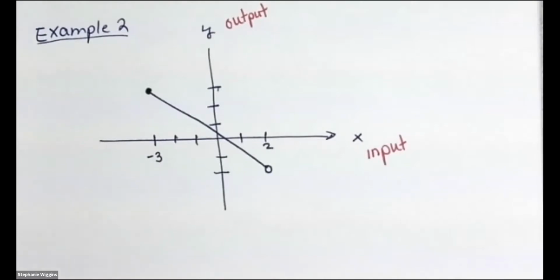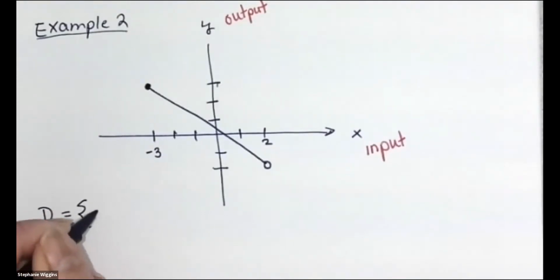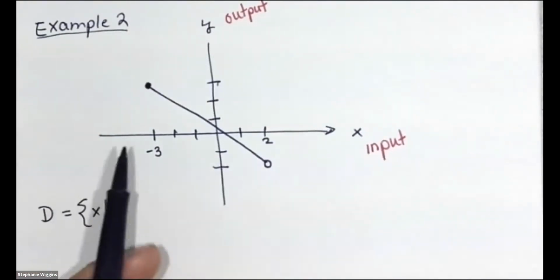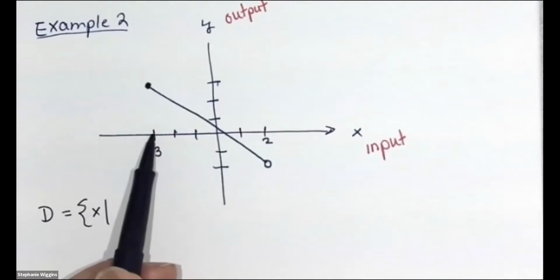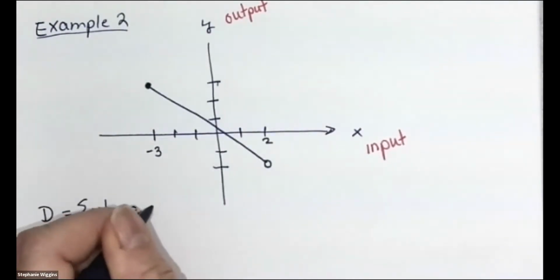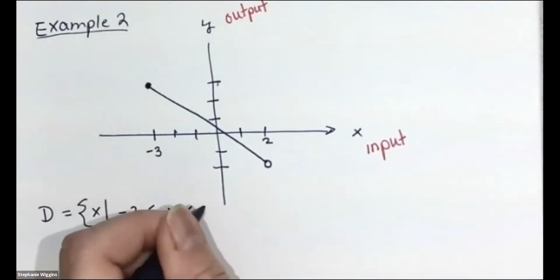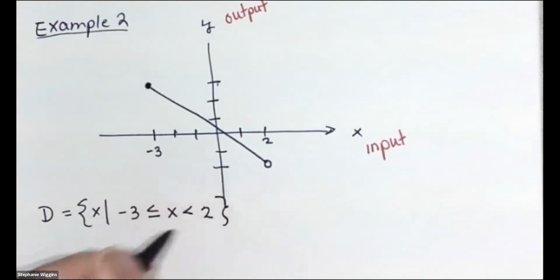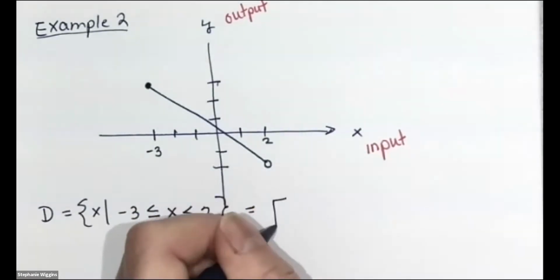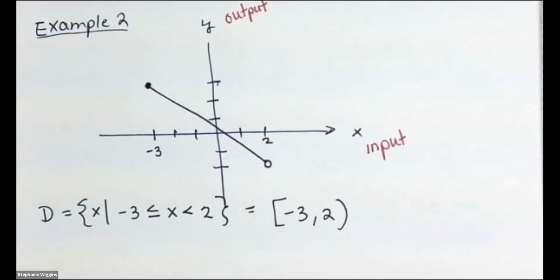So the domain for this function would be the set of all x such that -3 is less than or equal to x, which is strictly less than 2. And if I put that in interval notation, it would be [-3, 2), like that.